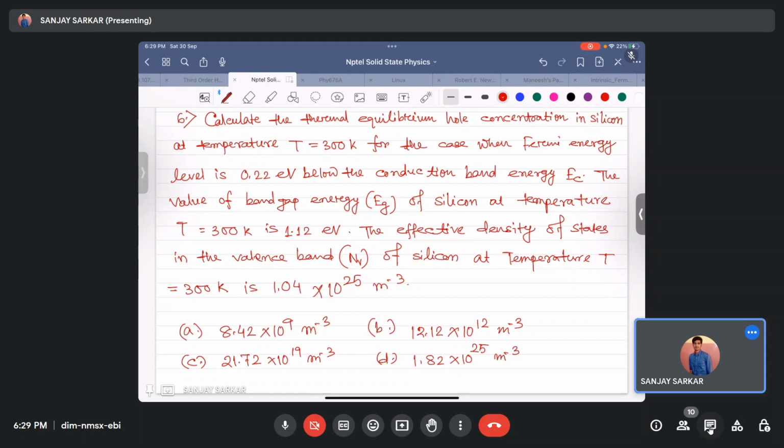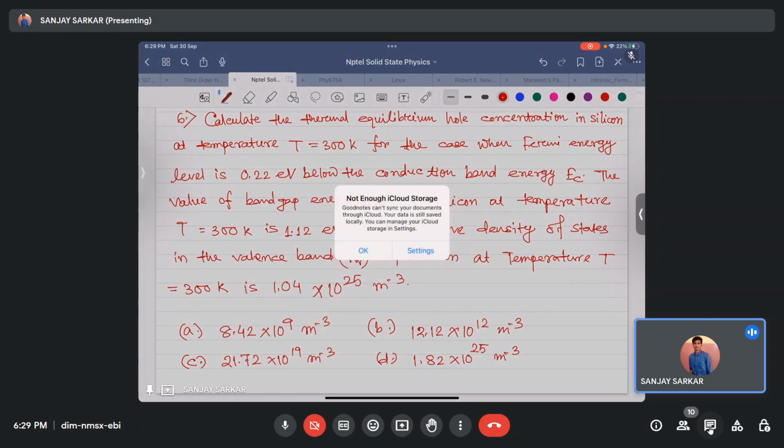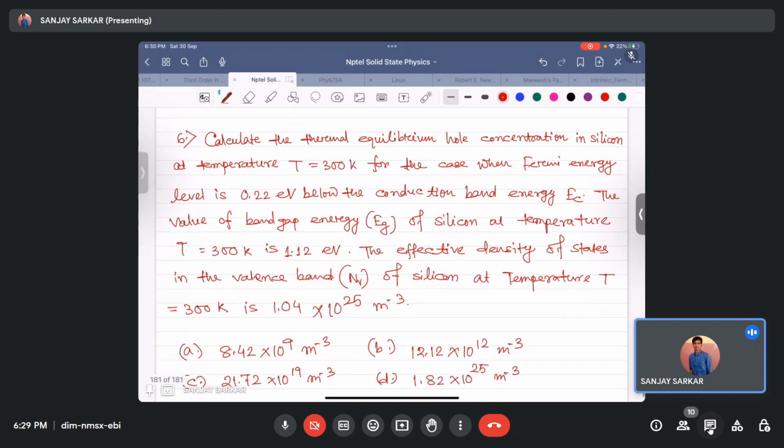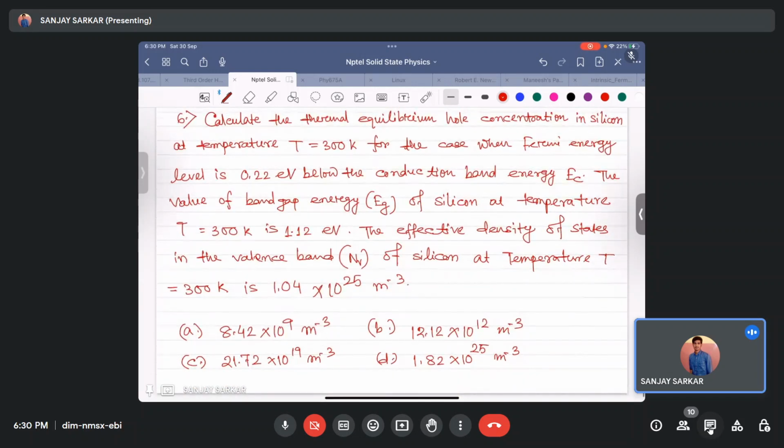Hello. So this is the question. Calculate the thermal equilibrium hole concentration in silicon at temperature T equal to 300 Kelvin for the case when the Fermi energy level is 0.22 electron volt below the conduction band energy EC. The value of band gap energy of silicon at temperature T is 1.12 electron volt. The effective density of states in the valence band NV of silicon at 300 Kelvin is 1.04 into 10 to the power 25 meter cube inverse.